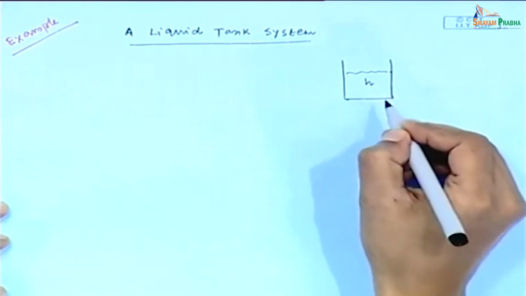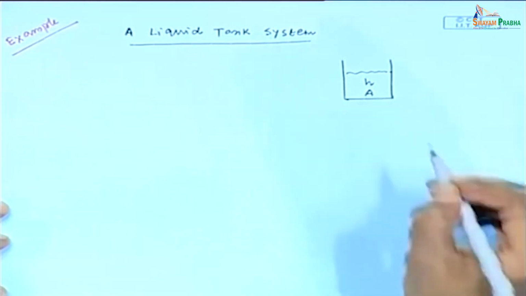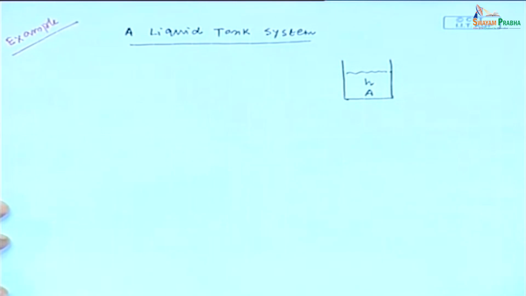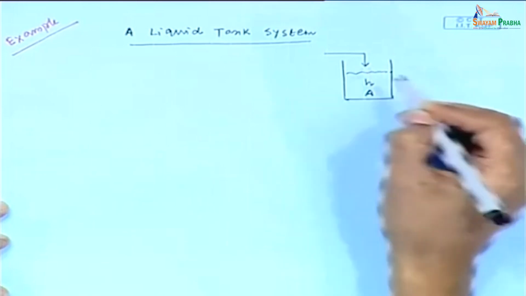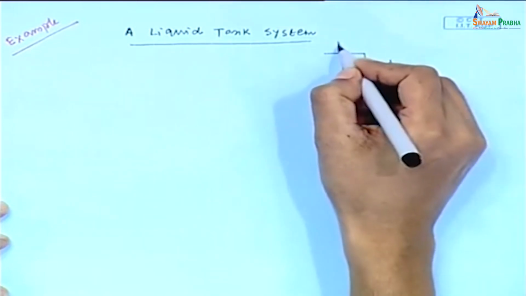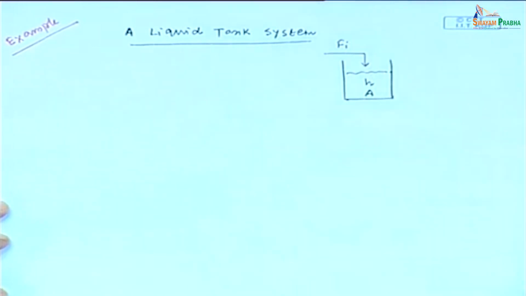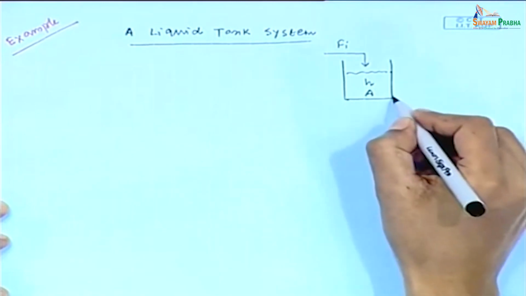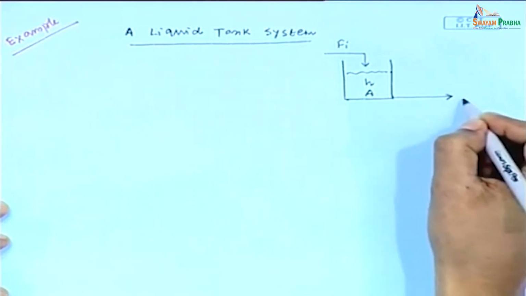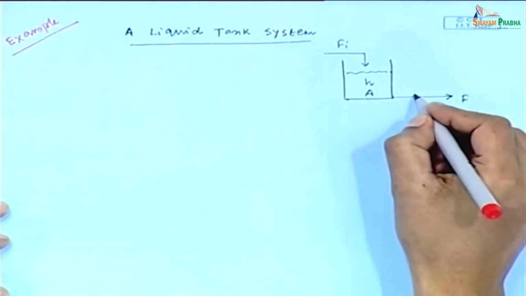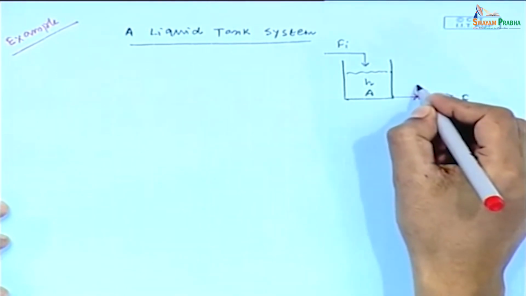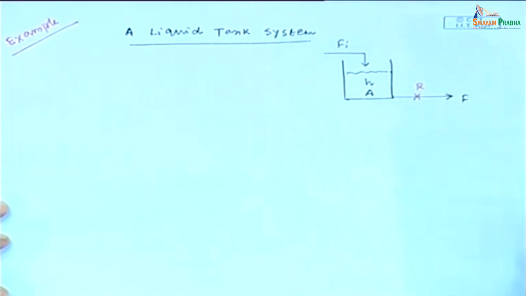Height of this liquid is h. Cross sectional area of the tank is suppose A. Input is entering the tank with a flow rate of Fi and output is F, and here we are considering resistance, that is R.